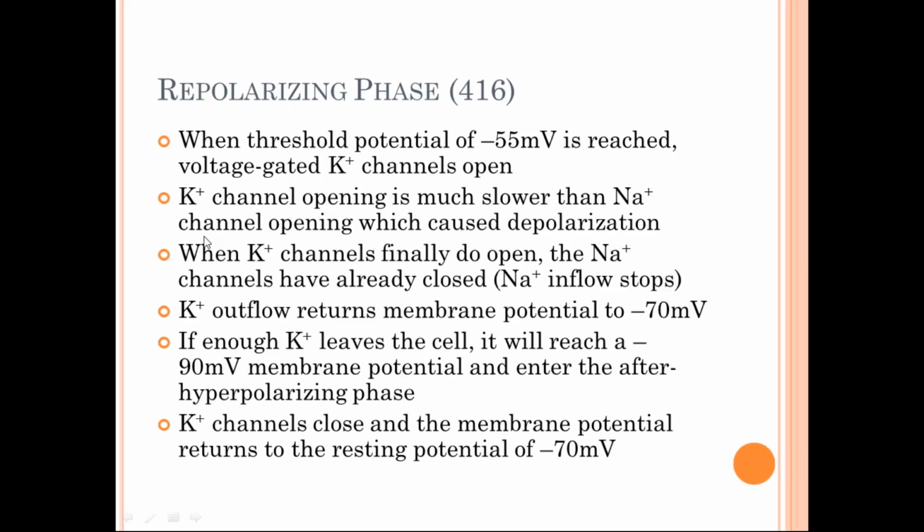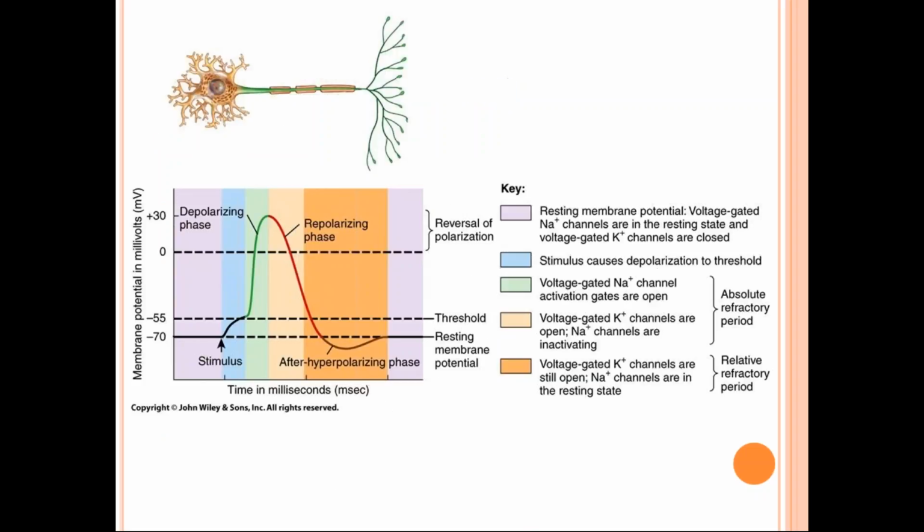But back at that first one where the inactivation gate had closed, then the voltage gated potassium channels open up to try and get it back to normal. So we can see the voltage gated sodium channel activation gates open when we get to minus 55.